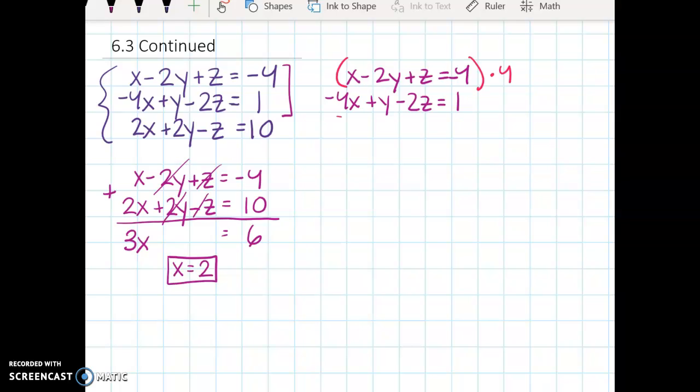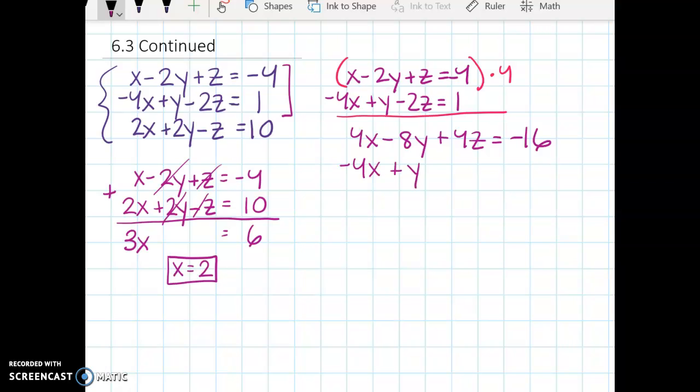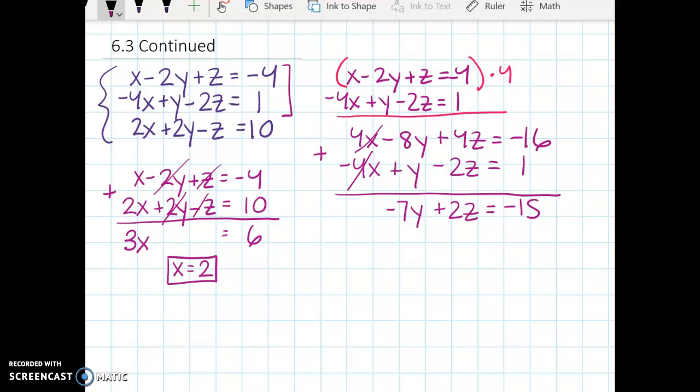Now we have 4x minus 8y plus 4z equals -16, and we bring down -4x plus y minus 2z equals 1. To get my x's to cancel, I add: 4x plus -4x is 0, -8y plus y is -7y, 4z plus -2z is 2z, -16 plus 1 is -15.